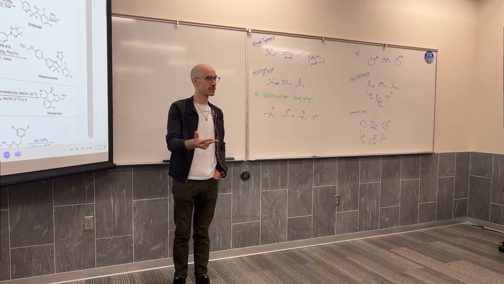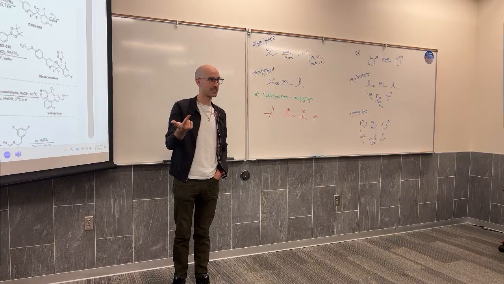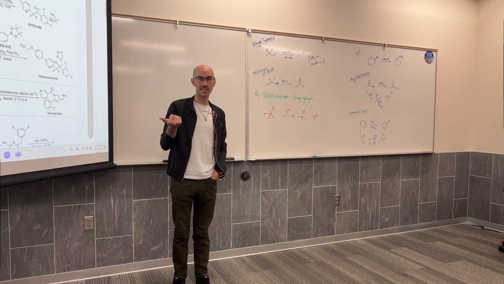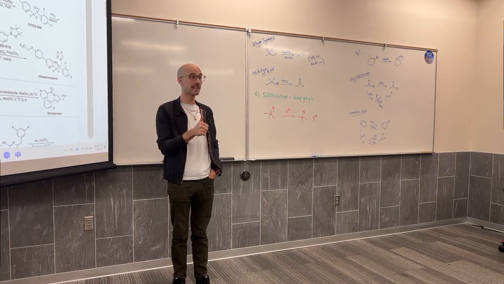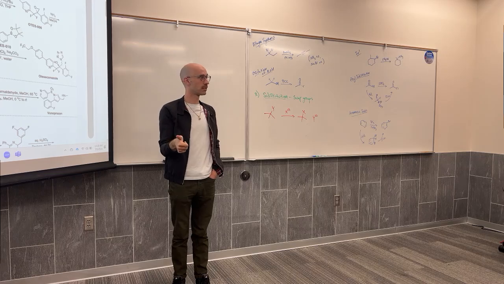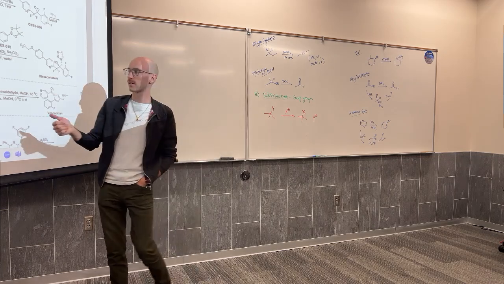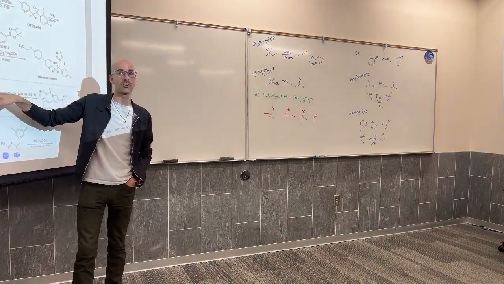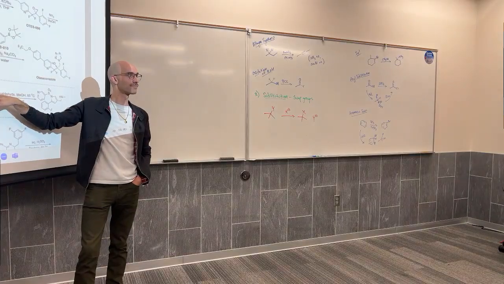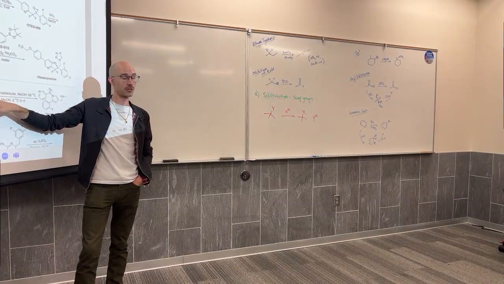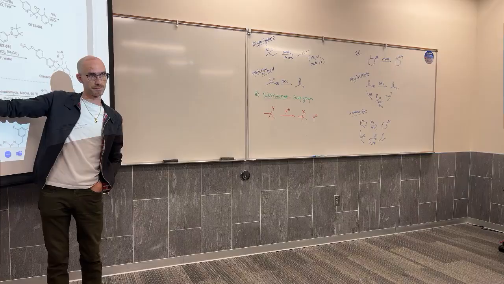Addition, elimination, or substitution? It's not substitution. It's addition because pi bonds are being consumed. The CN triple bond comes down to a CN single bond. Where did the pi bonds go? Hydrogens were added across them. And look at what's added.